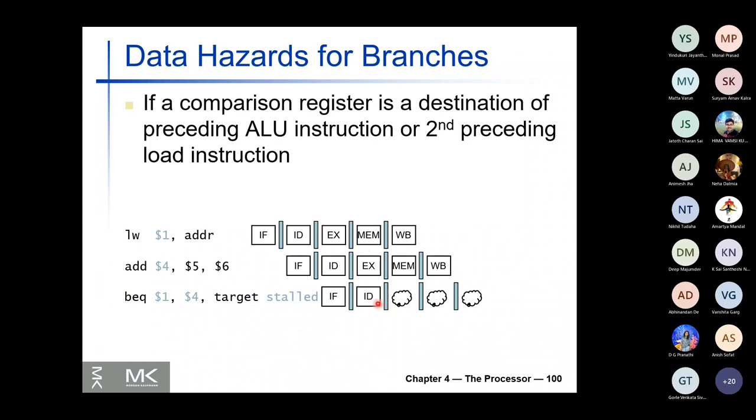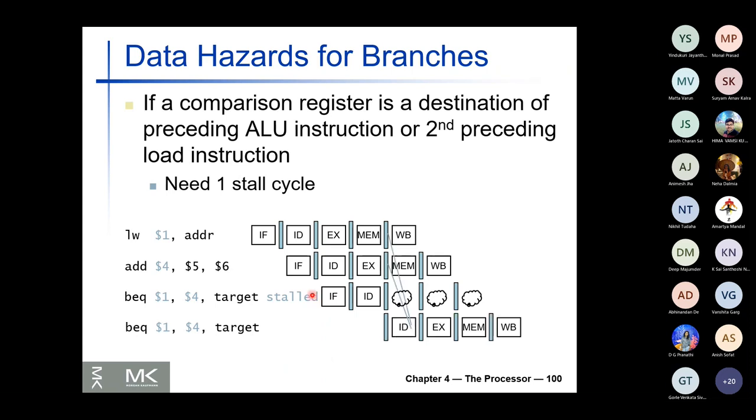So that you cannot do, right? You need to shift this one at least one clock cycle to the right, even with forwarding. So therefore this is stalled. You need one stall cycle, and if you move here, then it is okay. Got it?